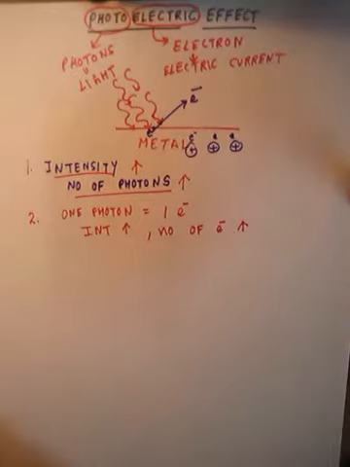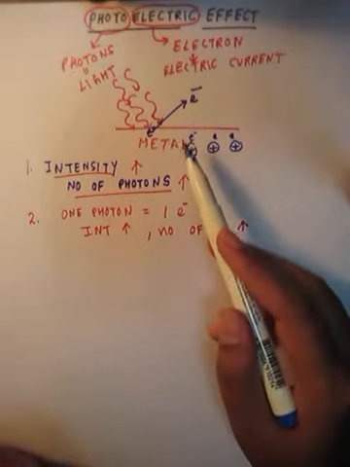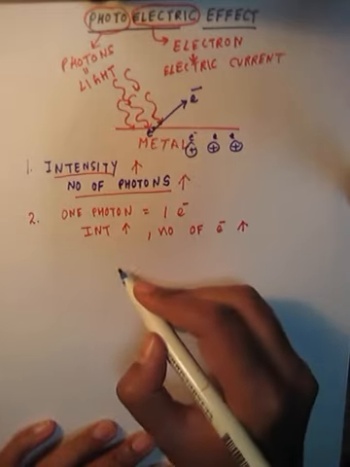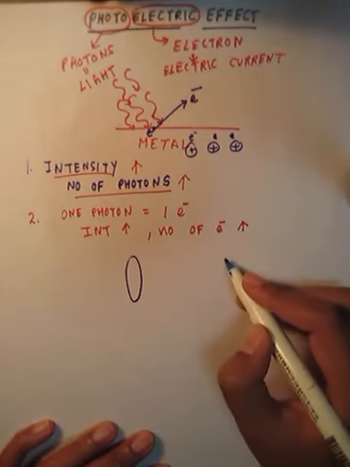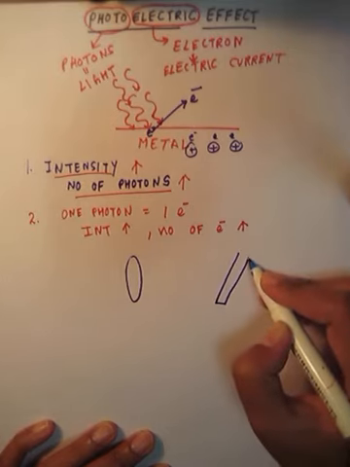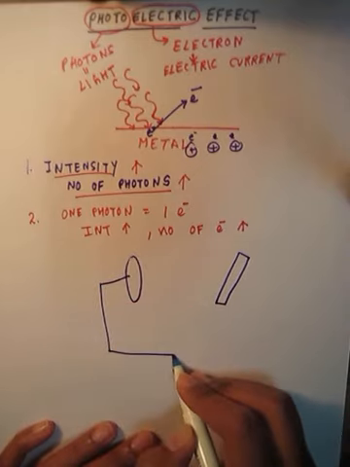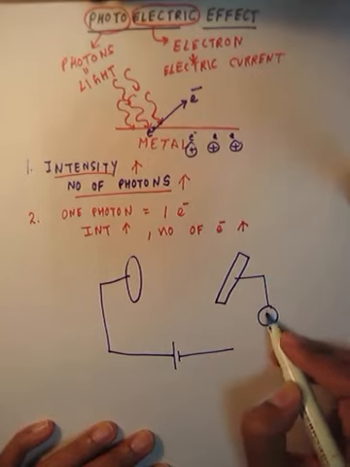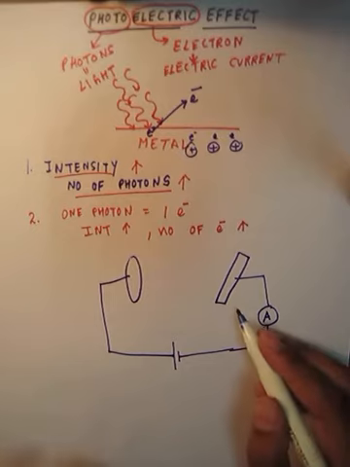Okay. Now, when we are doing this experiment, this is just the understanding part of the experiment, but in real, the experiment is done in a closed glass tube. There is a metal plate, and you take another metal plate and join a battery to this plate and an emitter to the other plate.